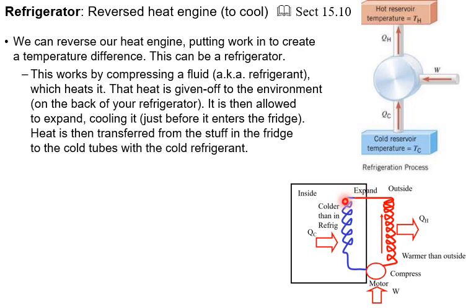So now you have this colder fluid flowing through, and heat is going to flow from the warm food inside the fridge to this very cold fluid, because heat goes from hot to cold. And so your fluid has warmed up, and then you use the engine to compress it, and that heat is allowed to transfer to the outside environment. So that's how a fridge works.